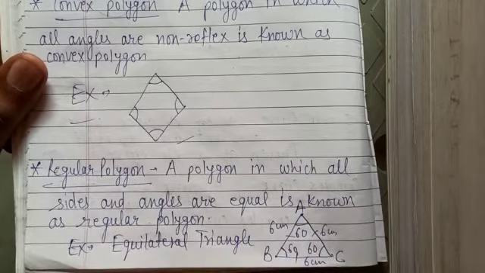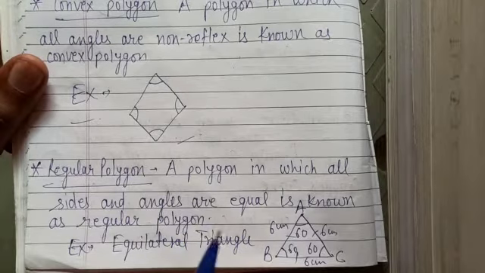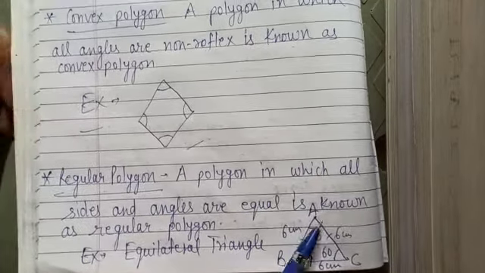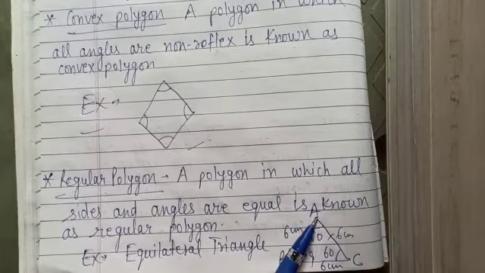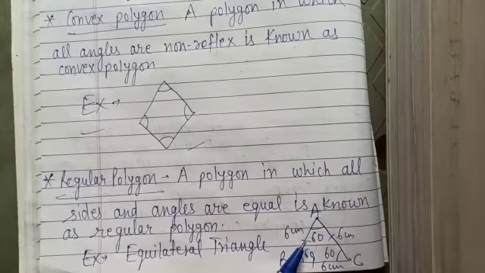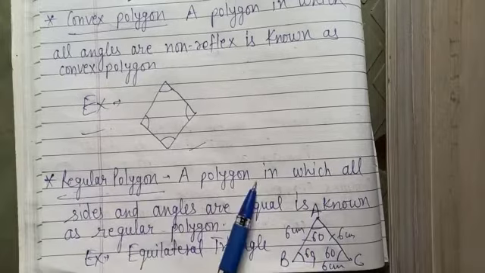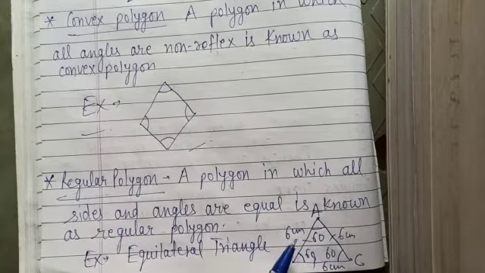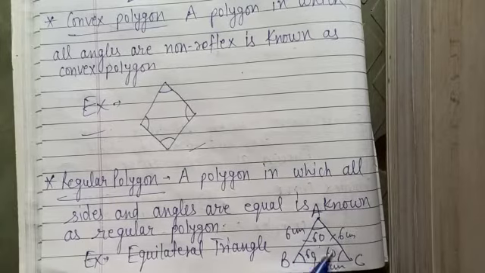You have studied this in earlier classes, in class 7th, even in 6th also. So a triangle in which all the sides and angles are equal is a regular polygon.